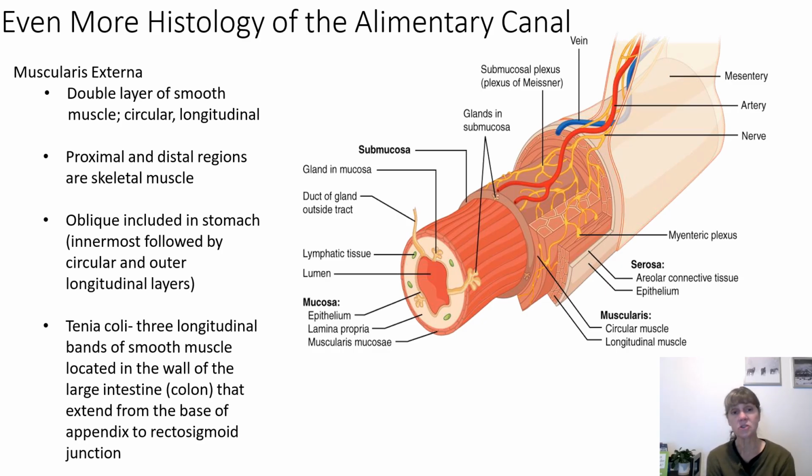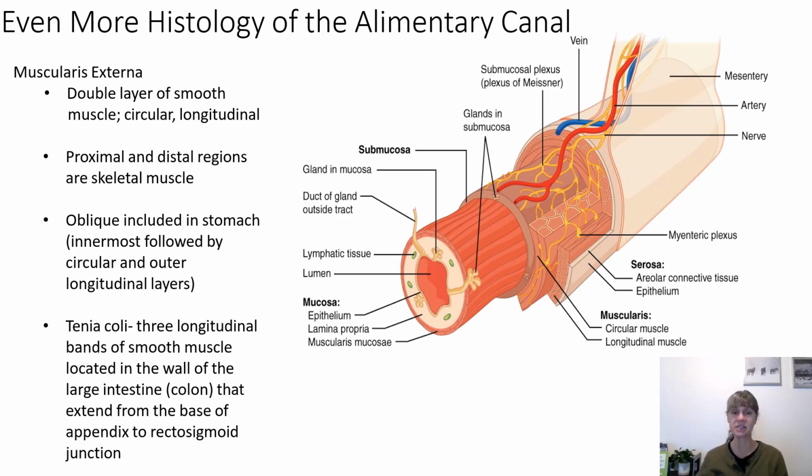The proximal and distal regions of the alimentary canal are actually made up of skeletal muscle, and in the stomach there's an innermost layer, so there's 3 layers in the stomach, and that is an oblique layer of smooth muscle. When we get to the large intestines or the colon, the longitudinal muscle is no longer present around the entire alimentary canal at that point.